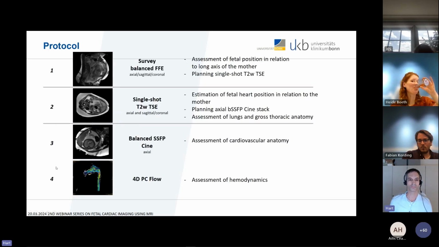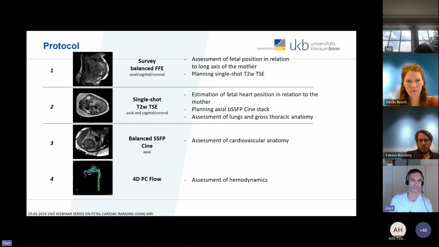This is some kind of our protocol. We start with a survey to get an idea of the fetal position and especially the position of the fetal heart. After this first survey, or even after the first single shots, we try to place the transducer in the right position so we have the best acoustic window.